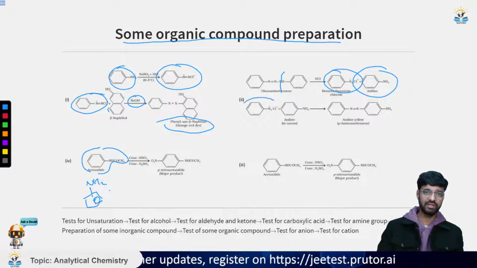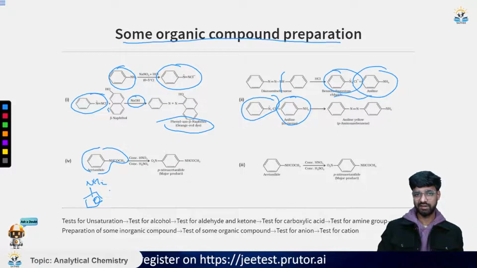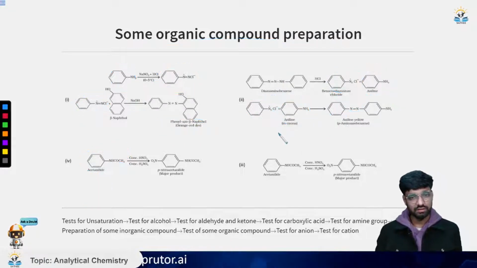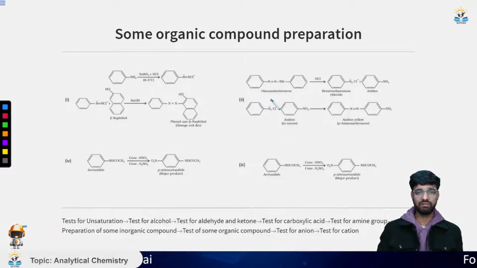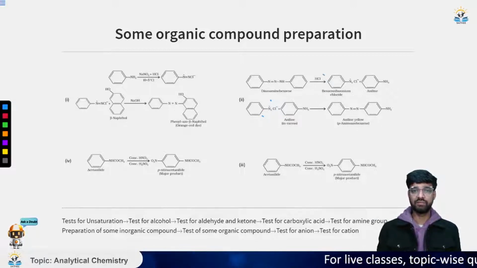Now we treat this diazonium salt with excess aniline again to get our para-aminoazobenzene. Okay, so these both are the reverse reactions of each other. So what we are doing is we are preparing this compound with aniline and diazonium chloride, or we can revert this back by treating it with HCl again.